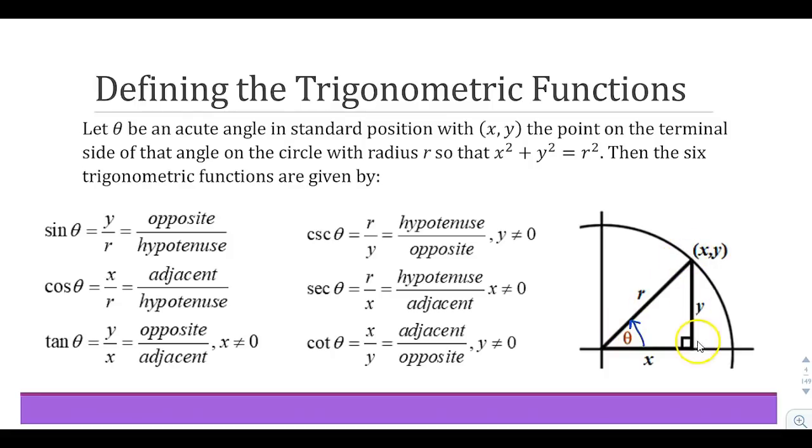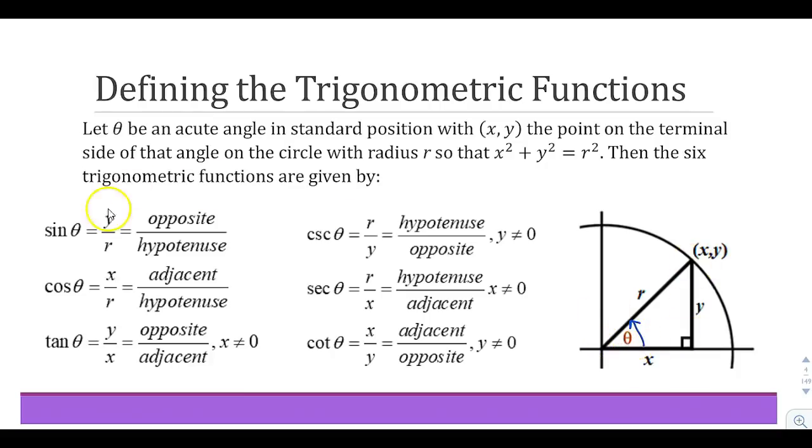We can see that we have a right triangle formed here with that interior angle theta. The opposite side length would be y, because this height here is y if this coordinate is (x, y). This adjacent side is x, again coming from the coordinate point. And then the radius of the circle is r, and that's the hypotenuse of my right triangle.